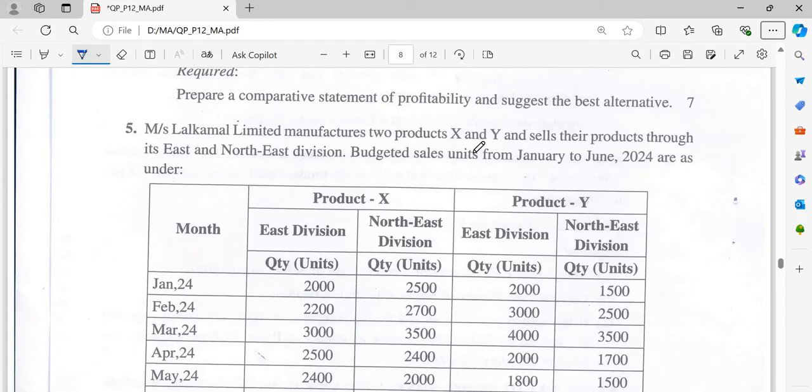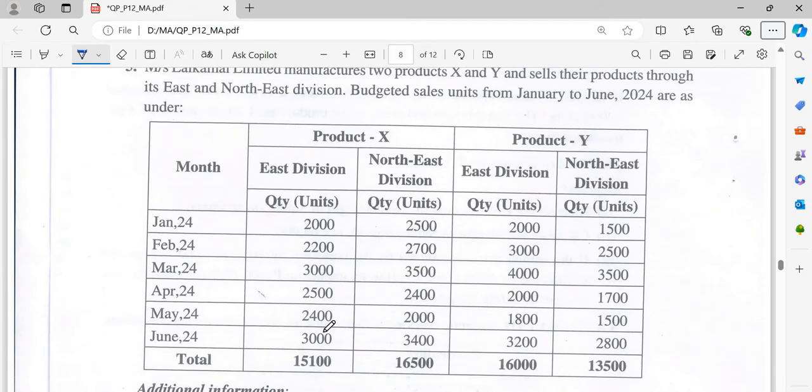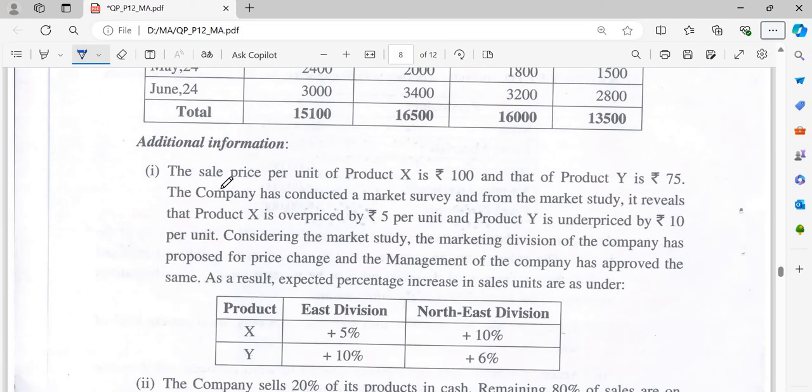So here they are manufacturing product X and Y and sell the products to its East and North East division.